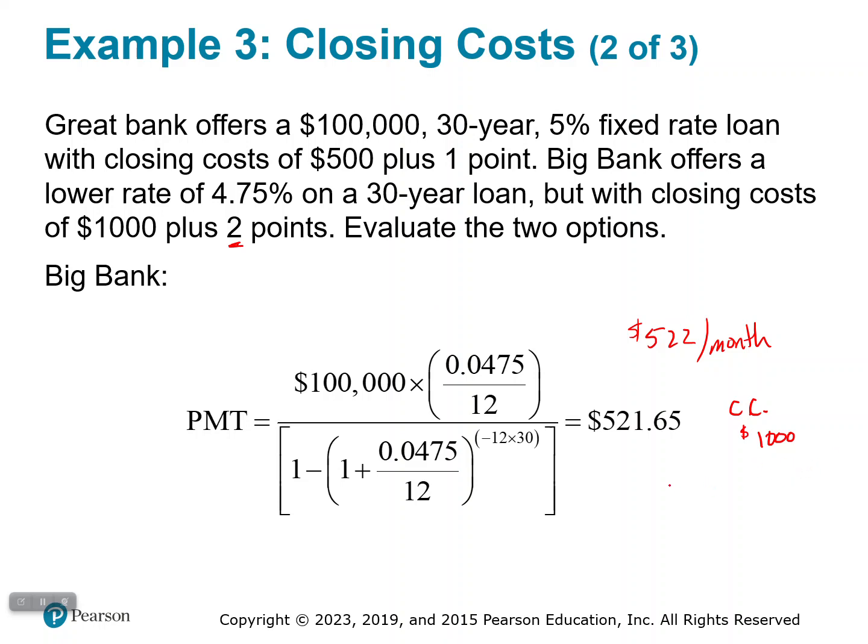Remember, 1 point is $1,000, so 2 points will be $2,000. So we'll have a lower monthly payment, lower by about $15, but we have more upfront costs.